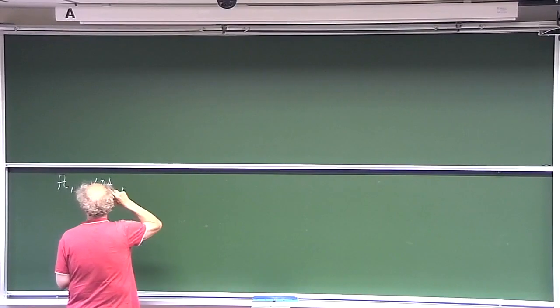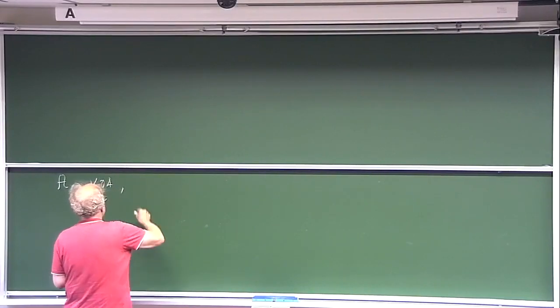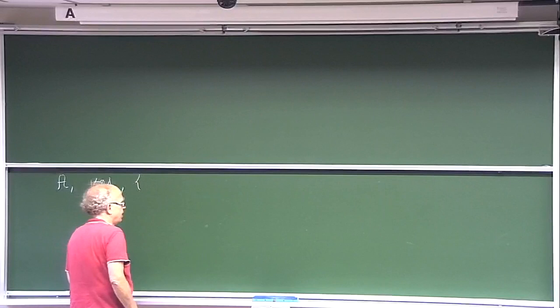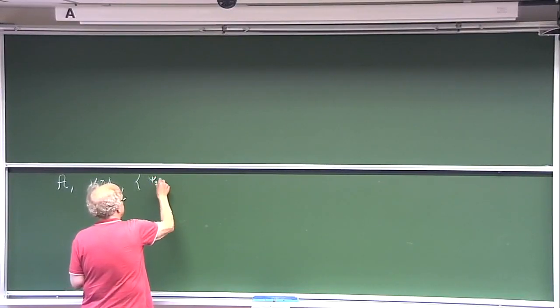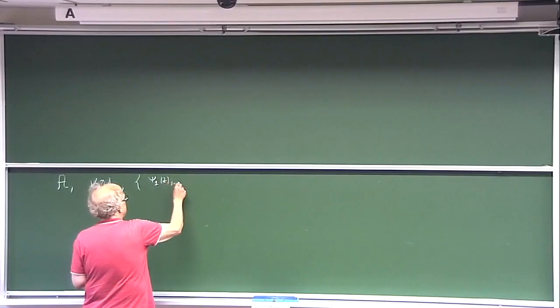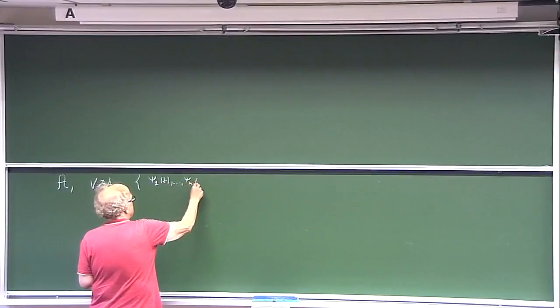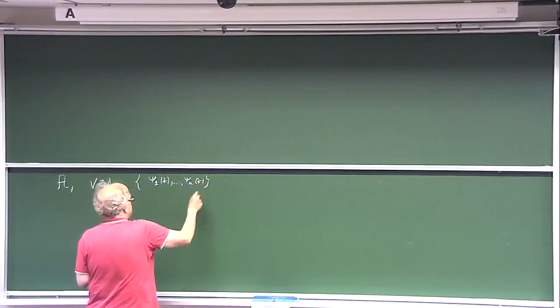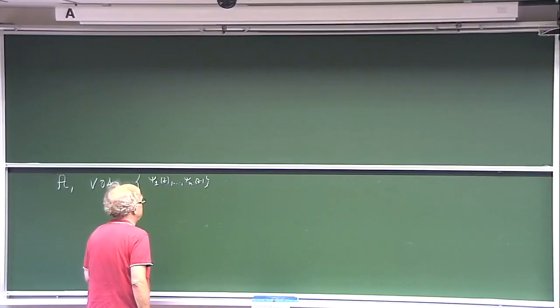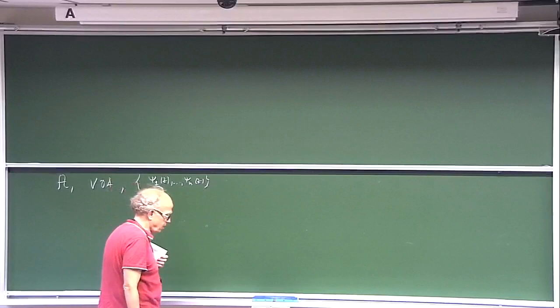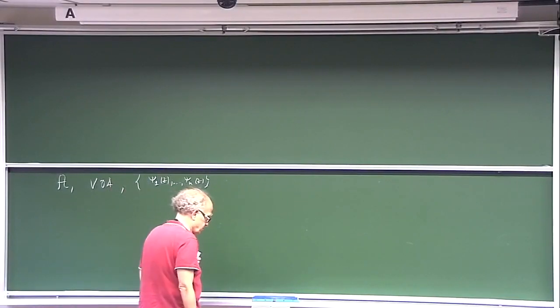Suppose that in this vertex operator algebra, like in a Clifford algebra, we have currents psi 1, psi 2, and so on, psi n, which are just fermions.